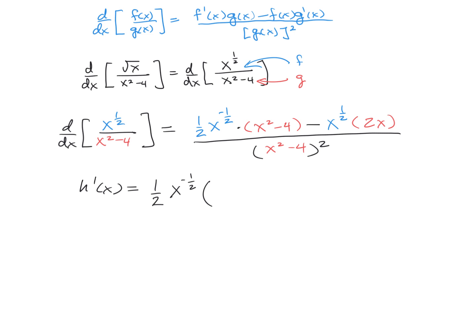In our first term, we're going to be left with just plain x squared minus 4. In our second part, behind our subtraction, we're factoring out an x to the negative 1/2, which is going to leave behind an x to the first. And that's still times a 2x. And again, this is all over x squared minus 4.